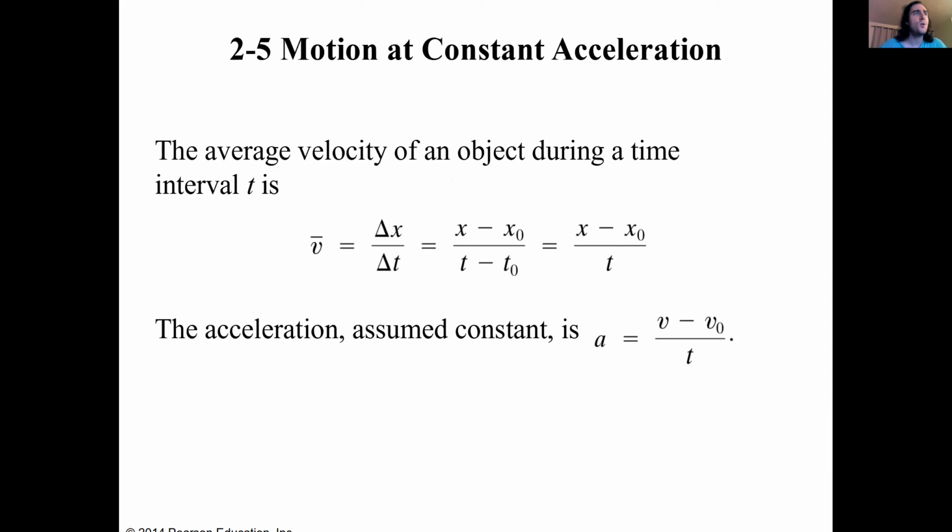But in general, you can write that the average velocity at any point in time is whatever your position is at that time minus your initial position, divided by however much time you're measuring beyond the time that you began your stopwatch, right?